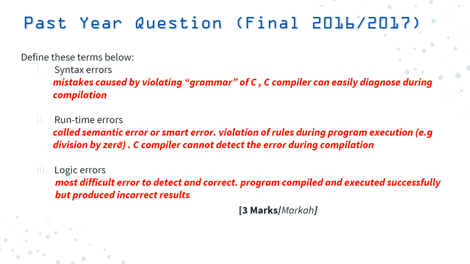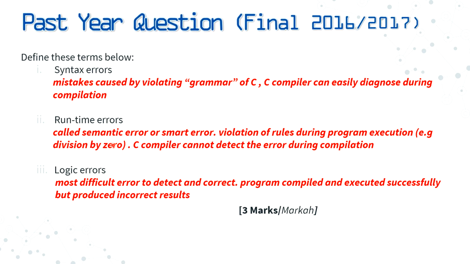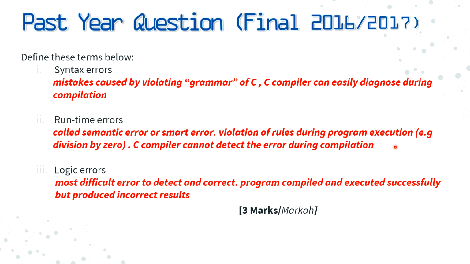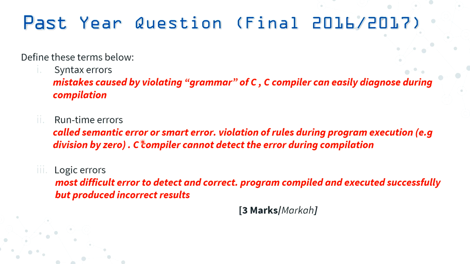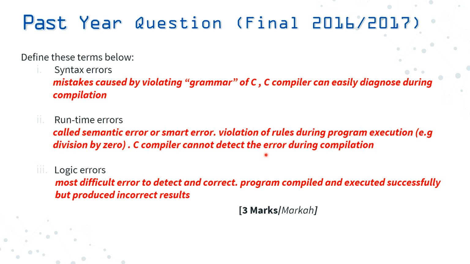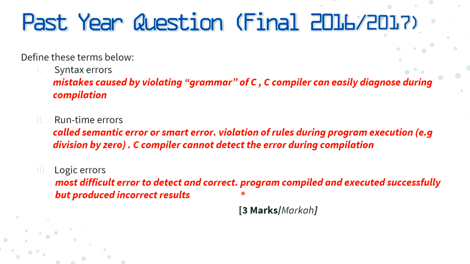For runtime errors, these are also called semantic errors. They are a violation of rules during program execution, for example, division by 0, and the C compiler cannot detect the error during compilation.